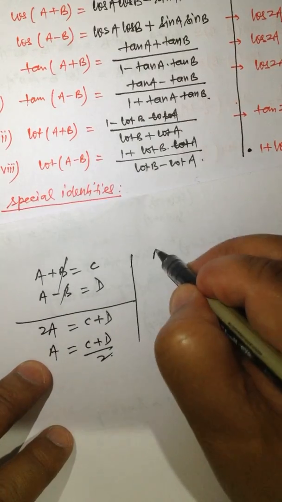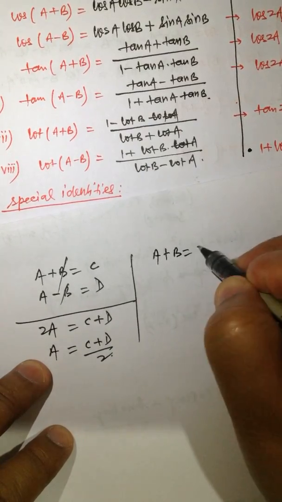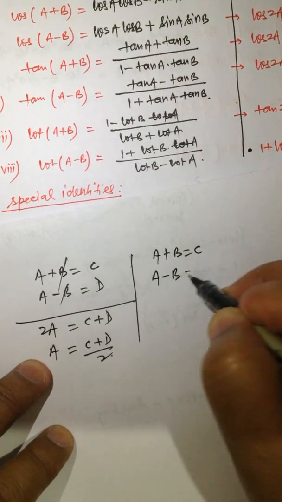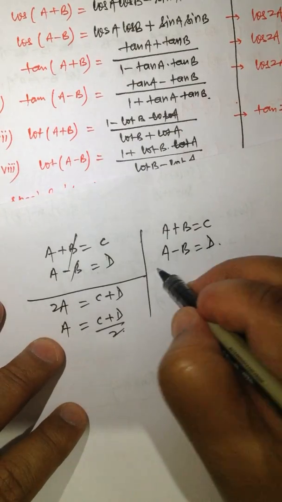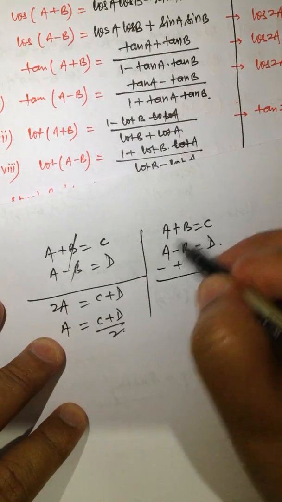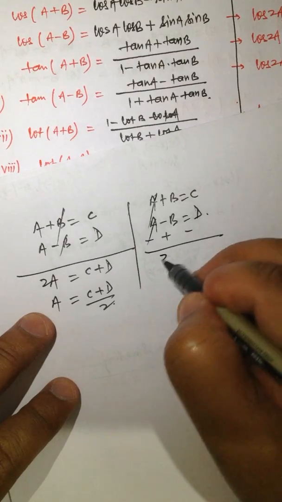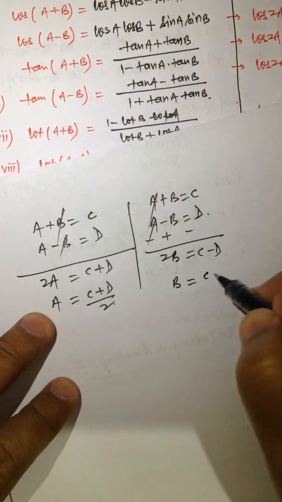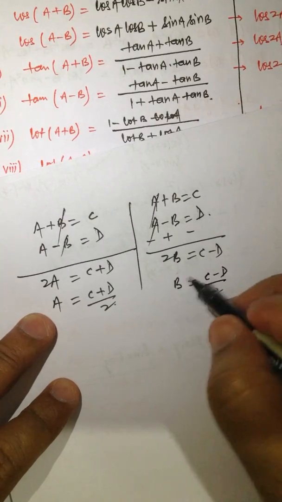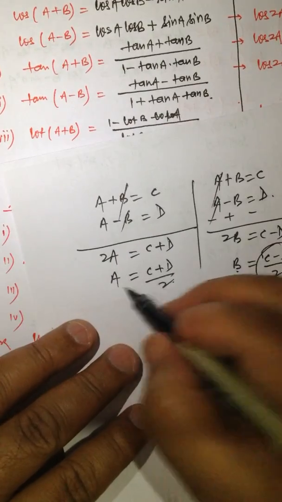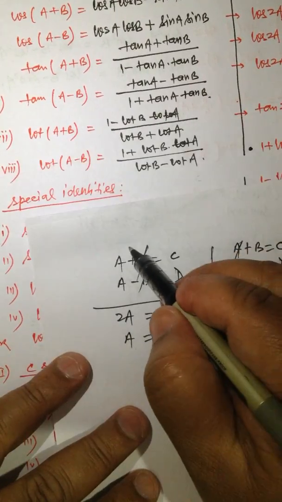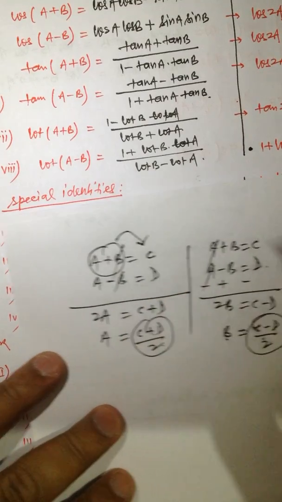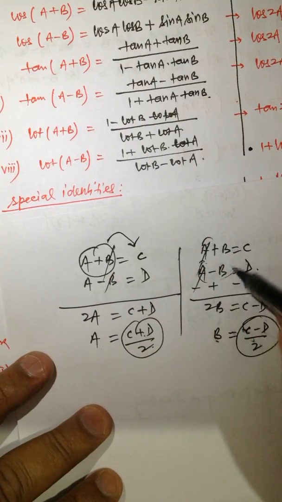And similarly, if we subtract, putting C for A plus B and D for A minus B, A will be cancelled, 2B will be C minus D, so B will be C minus D by 2. In place of B we will put this, in place of A we will put this, if we replace A plus B by C and A minus B by D.